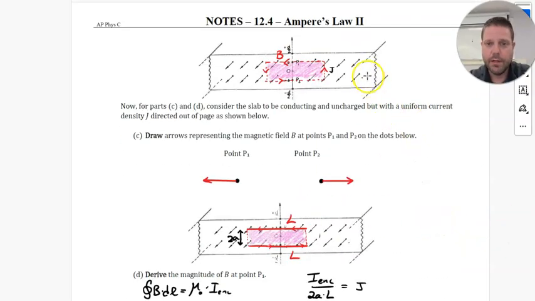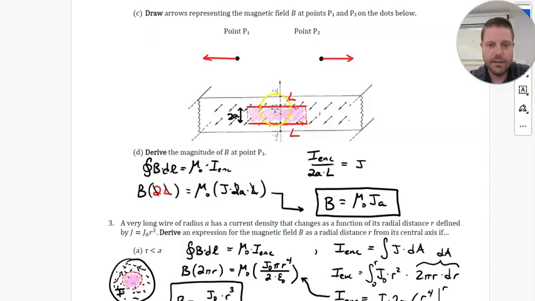For a slab problem, we'd have a current moving parallel to the slab, and we could have a magnetic field that's inside it, for example. And the B field is actually only going to be acting along the top, and in this case, the bottom as well. The sides would have 0 because we have an equal amount of current to the right and an equal amount of current to the left if this is truly infinite.